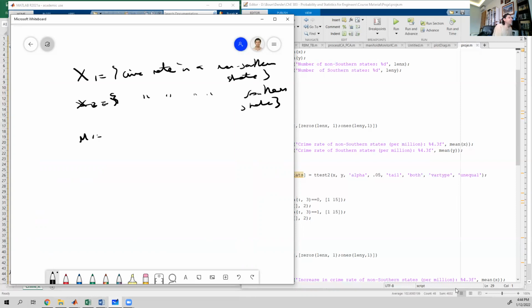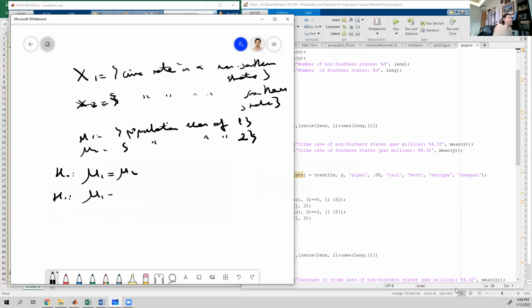And mean 1 is the population mean of 1, and mean 2 is the population mean of 2. My null hypothesis is mu1 is equal to mu2, and the alternative hypothesis is that these two are not equal to each other. And X1 is found to be equal to 103 something.